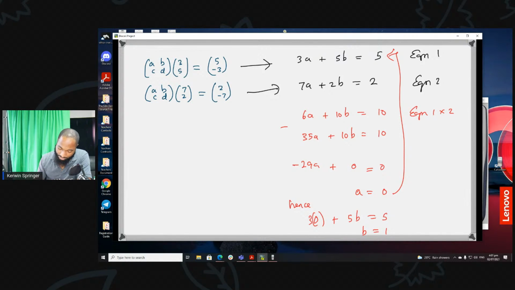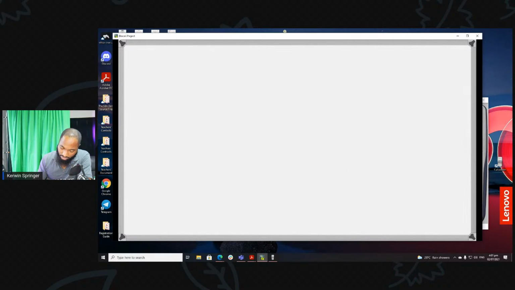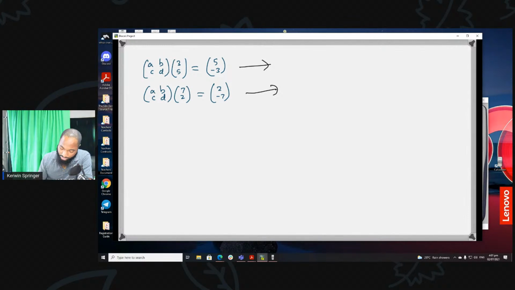Likewise, we can also get two equations such that 3c plus 5d is equal to negative 3, and 7c plus 2d is equal to negative 7.